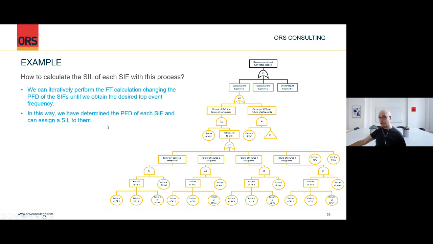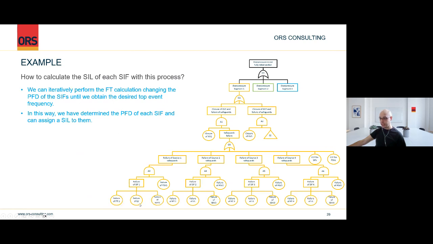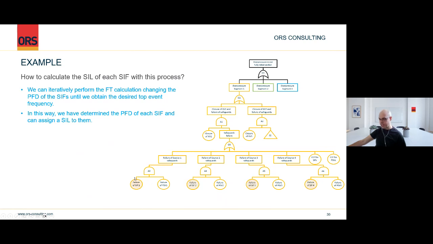So what you can do is perform the fault tree calculation. So see here, I have collapsed these 3 into one basic event, because really this is what you need to play with. And then after that, you can decide how to build your safety instrumented function.